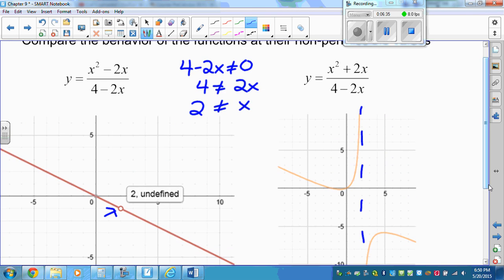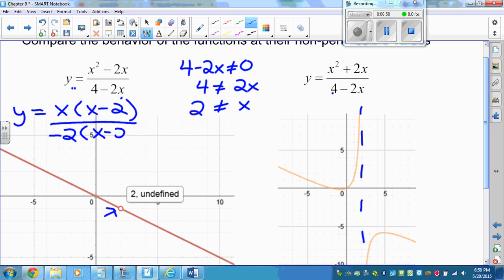It has to do with when we factor these. So this first one, if I were to factor this one, I would get y equals x times x minus 2. If I factored out a -2 here, I would also get x minus 2. So I kind of did two steps in one here. When I took out a -2, this became positive and that became negative.